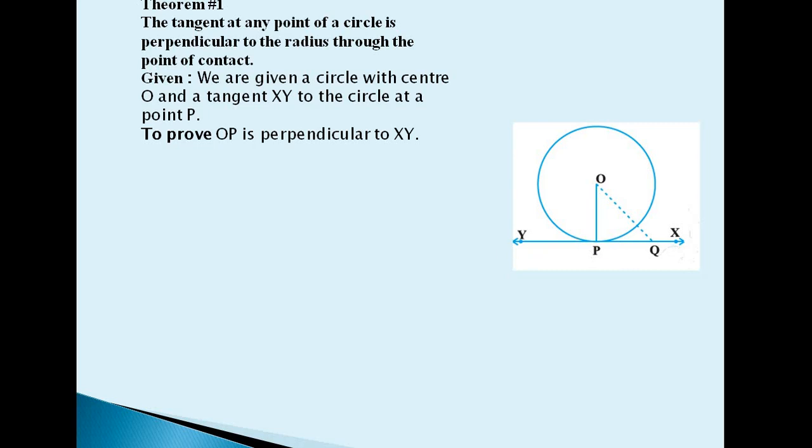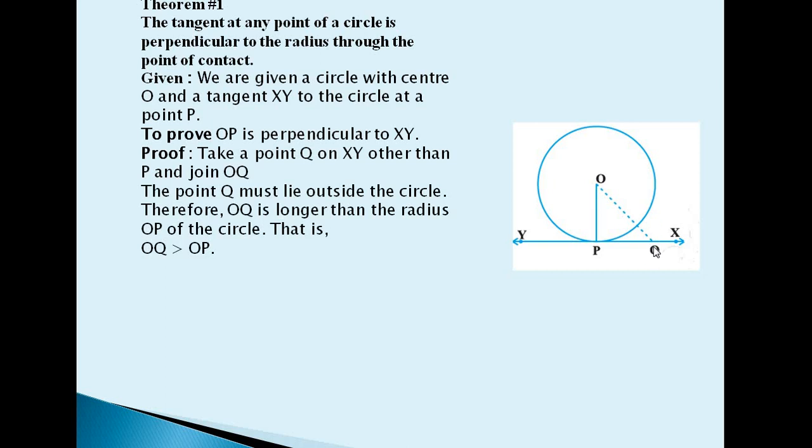Proof: you are supposed to take a point Q on XY other than P. That means on this tangent XY, you take any point Q other than P, right? And you join OQ. Now the point Q must lie outside the circle, right? Therefore OQ is longer than the radius OP of the circle. That means OQ is greater than OP.